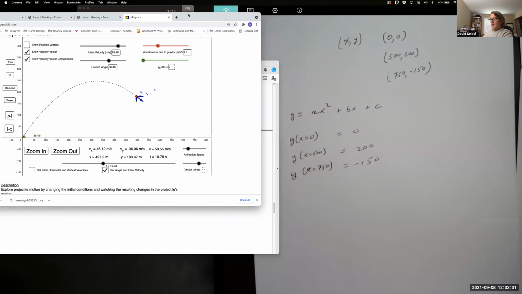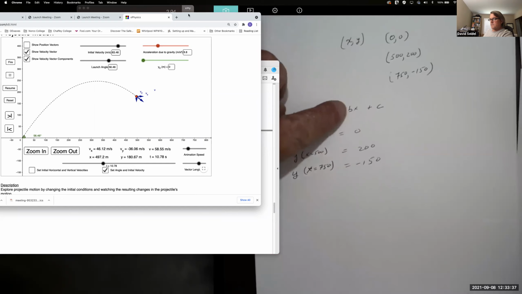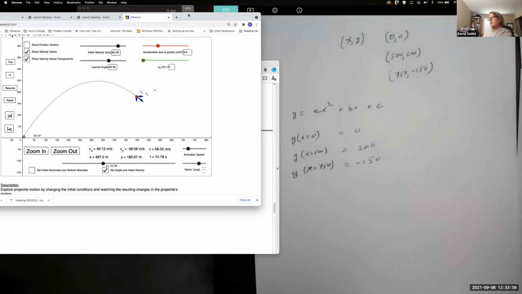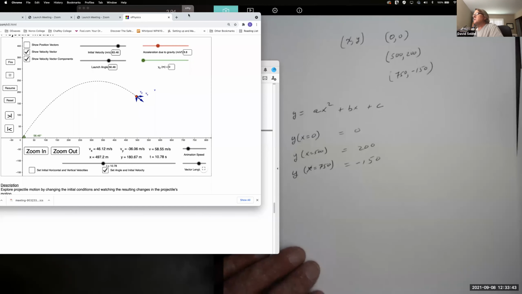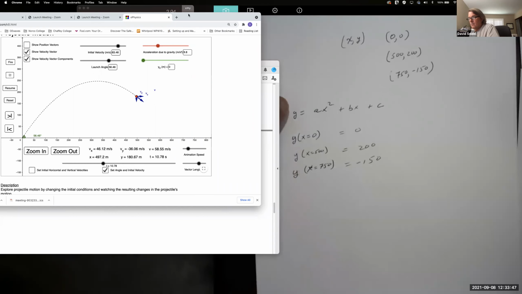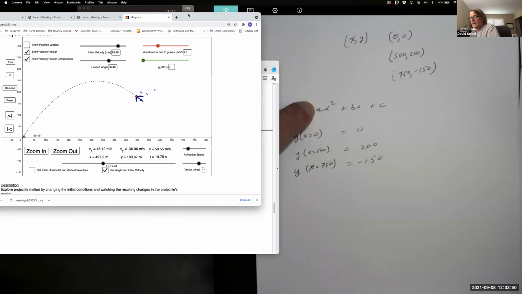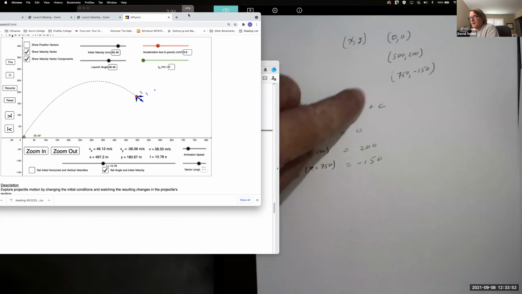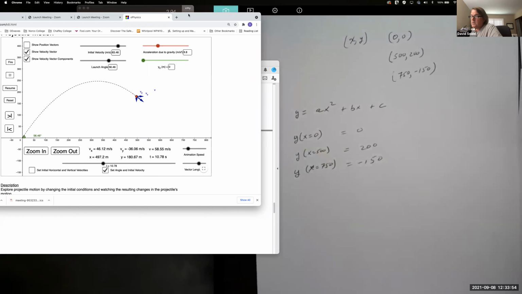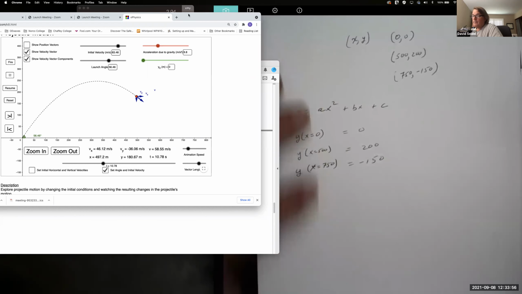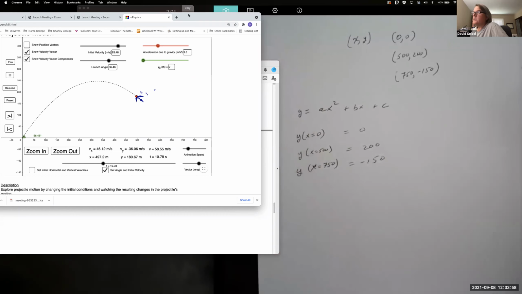And here 0 is equal to a times 0 squared plus b times 0 plus c. You should note right away, c equals 0. You figure that one out right away. And then you have minus 150 is equal to a times 750 squared plus b times 750. So you can solve for what a and b are because you have 2 equations and 2 unknowns.